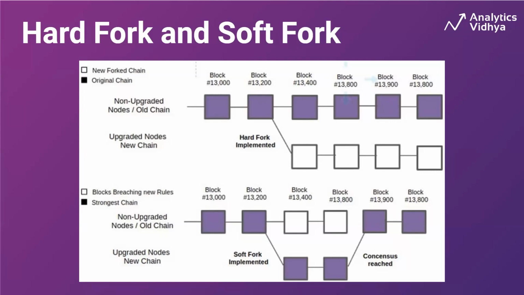So for that, the old chain is maintained, and from the current stage they make one parallel chain from that, and that will be the new block. All these things happening is a hard forking.